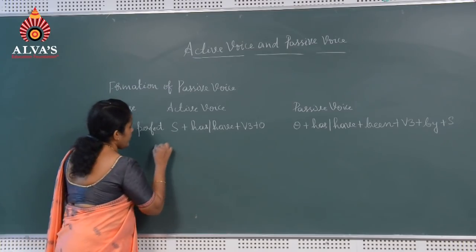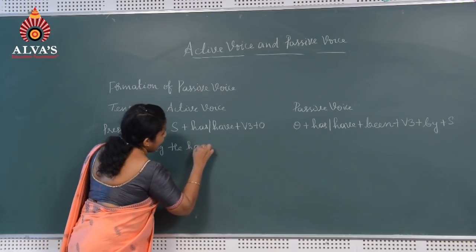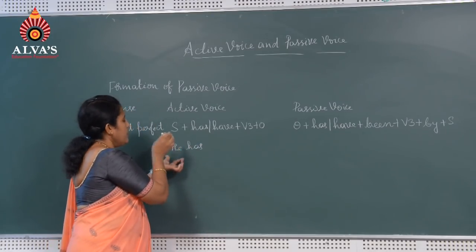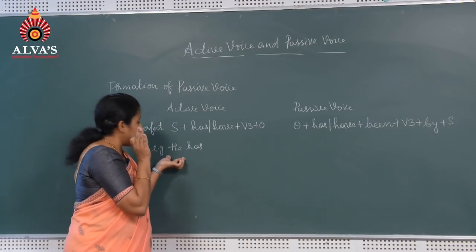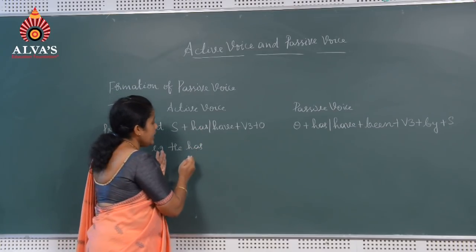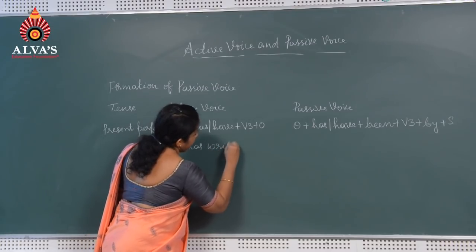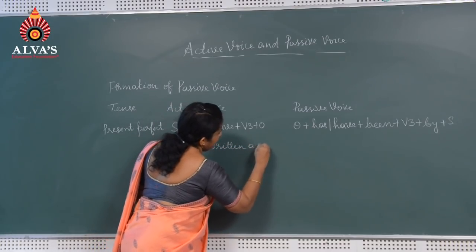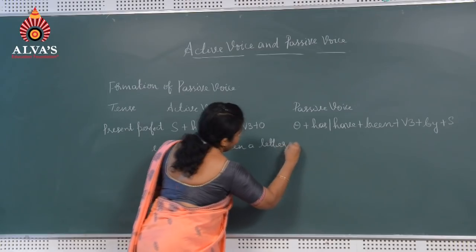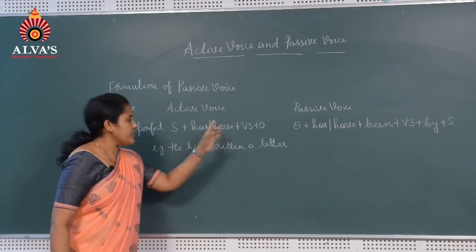Example, he has, because he is third person singular, so we have to use has. He has written a letter. So, this is active voice.